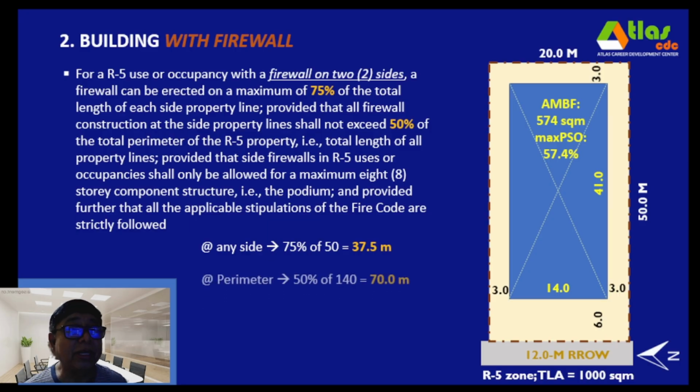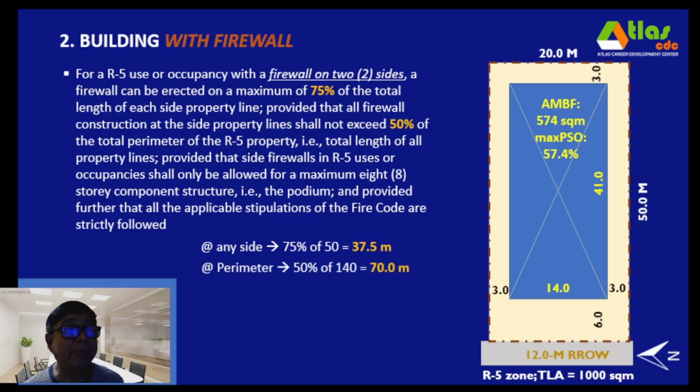Now, let us compute for the perimeter. Based on the perimeter, it shouldn't exceed more than 50% of the perimeter length. 140 meters is our perimeter. We have 20 plus 50 plus 20 plus 50 will give you a total perimeter length of 140, and 50% of that is 70 meters.